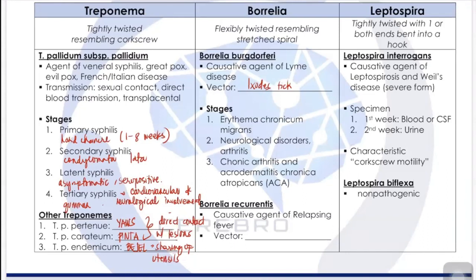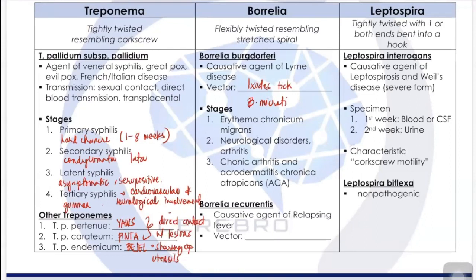Okay? So usually, Borrelia burgdorferi infection occurs together with Babesia microti infection, due to the fact that they share the same vector.